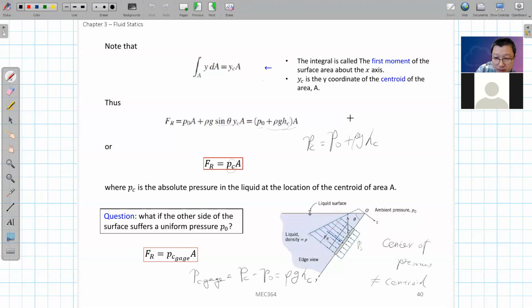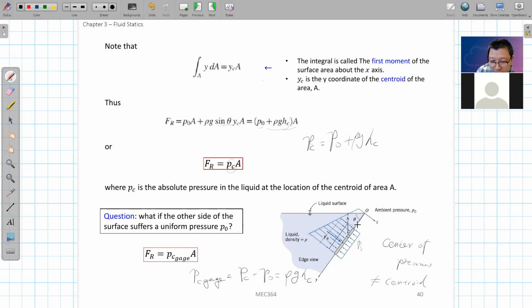for each individual parallel pressure force, we need to calculate its moment regarding an arbitrary point. Now let's just choose an O point, okay? Then this force times this distance will be the moment, and this distance will be the y coordinate of this point, right?